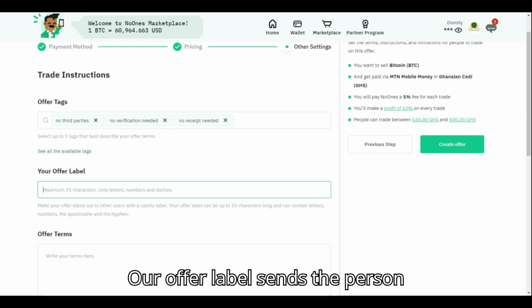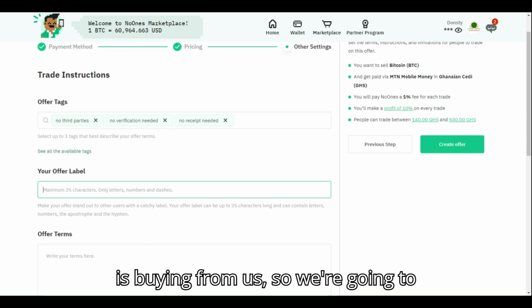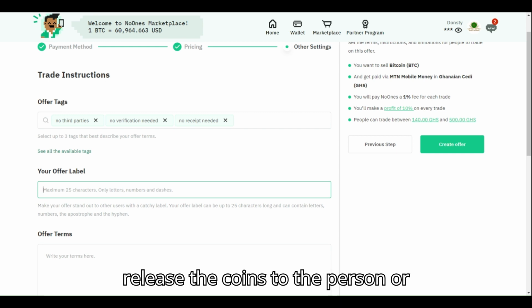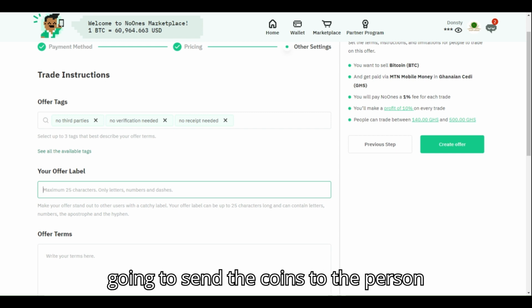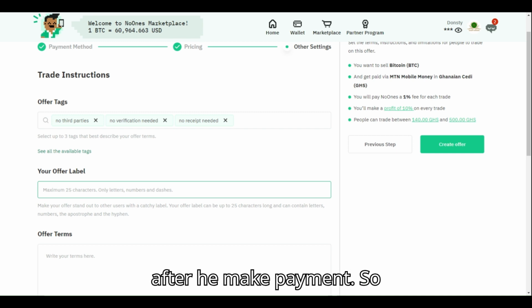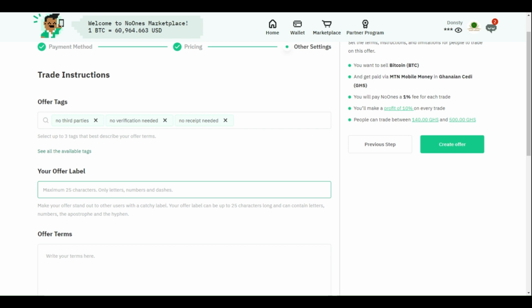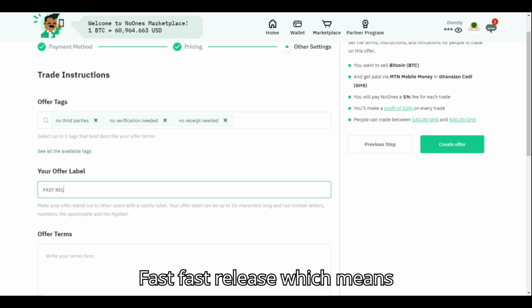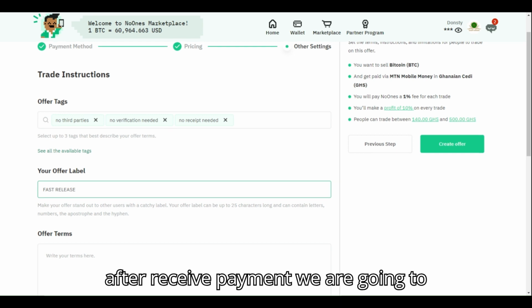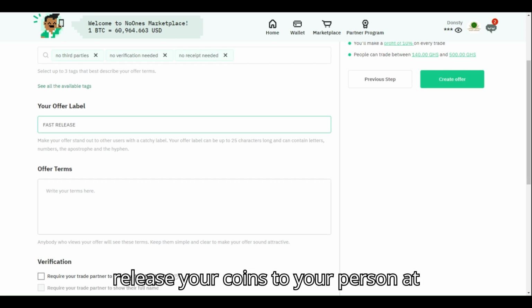For our offer label, since the person is buying from us, we are going to release the coins to the person, or send the coins to the person after he makes payment. So we are going to write, or you can put in, fast release, which means after we receive payment we are going to release the coins to the person at a very fast rate.